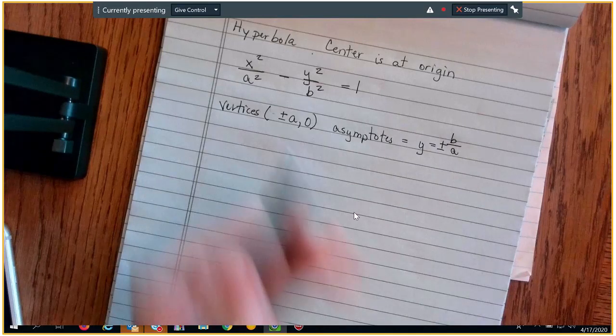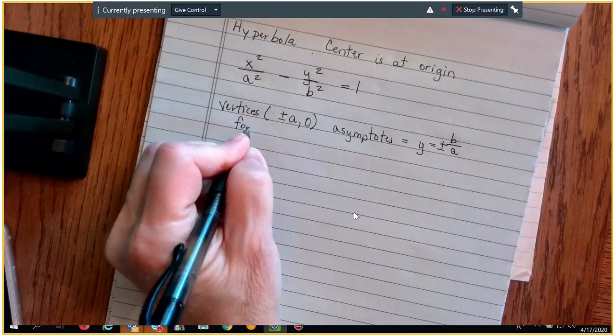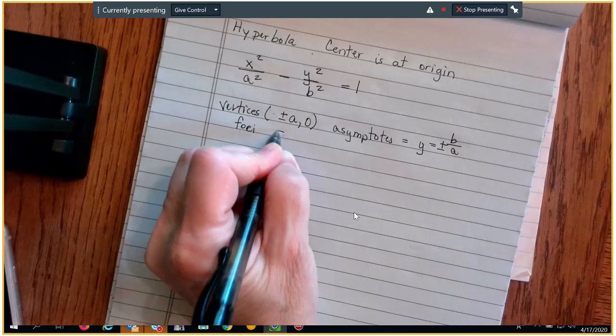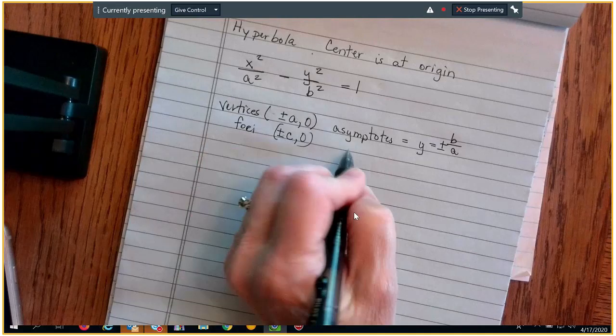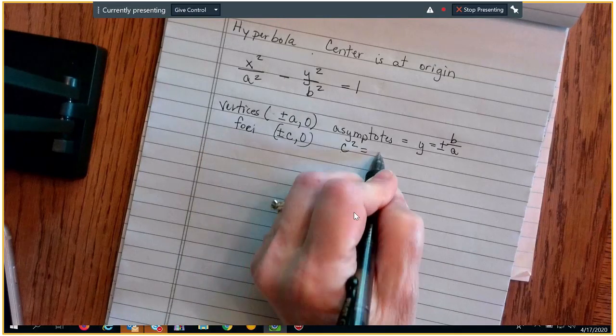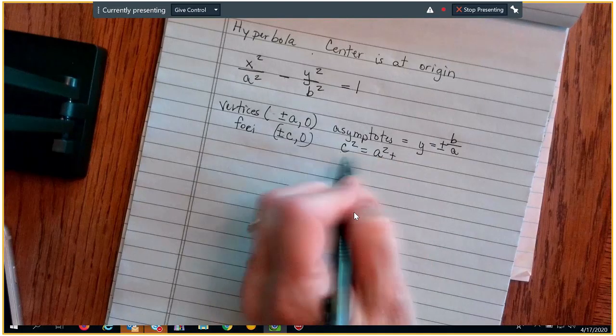Now on this one, the foci are still going to be at plus or minus c, 0, but now our formula is c squared equals a squared plus b squared.